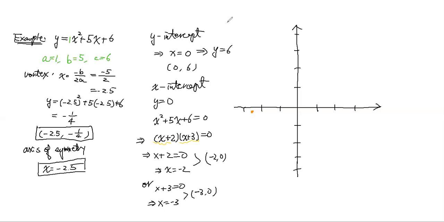Also, the vertex lies on the axis of symmetry. And because a is greater than 0, I know my graph is going to open upward here.